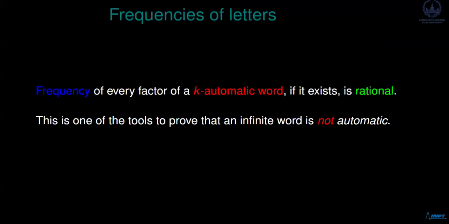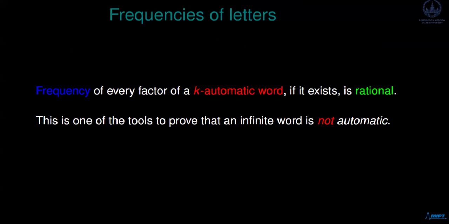Okay, so frequencies of letters. Now let's focus on a key property of k-automatic words: the frequencies of their letters and factors. This property is crucial for understanding the structure of automatic sequences and also serves as a tool for proving whether a word is automatic or not.